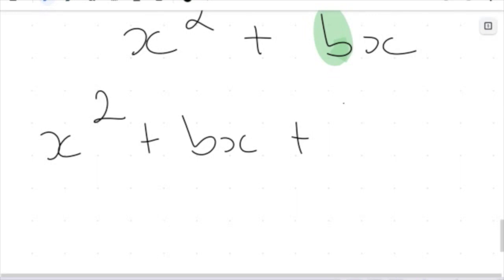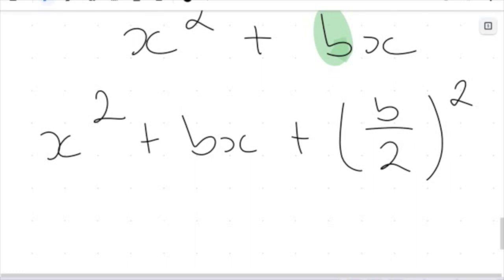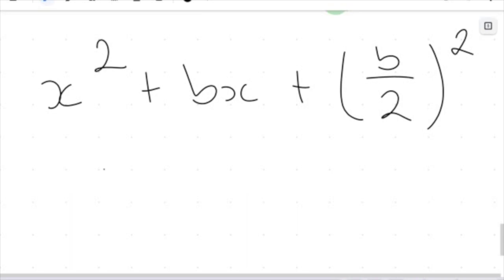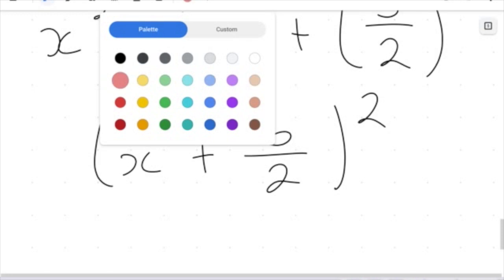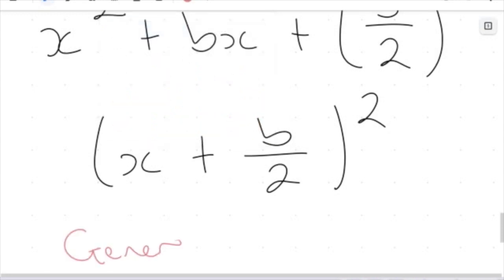So we took my b and we divided it by 2, and then we squared it. And then that condensed to whatever we had here of x plus, and we had b on 2, all squared. And this is my general formula so far. We've applied our observations to come up with a generalized idea.